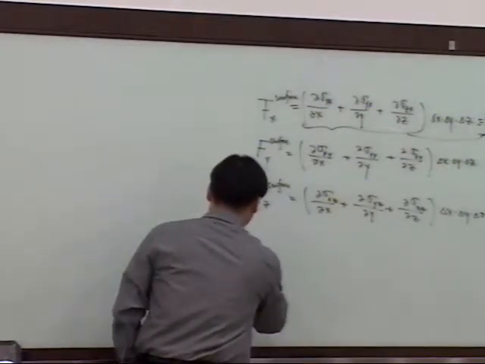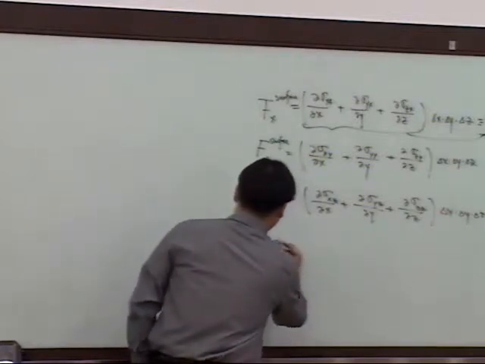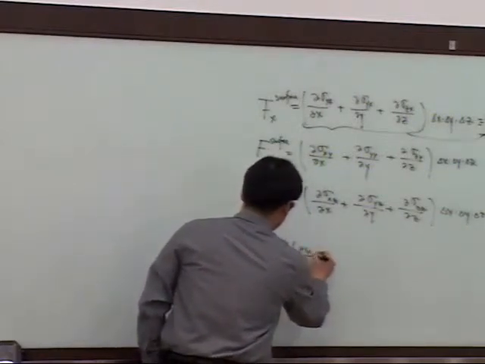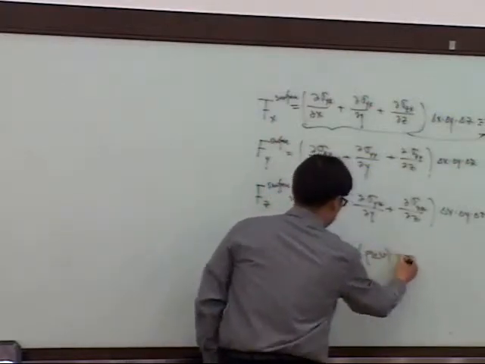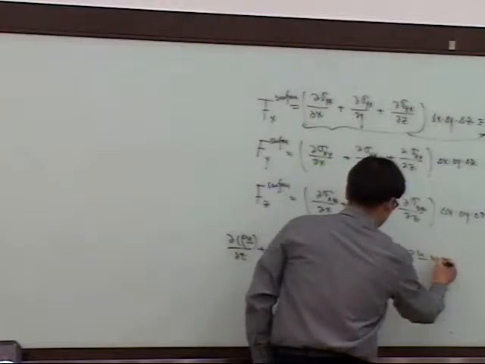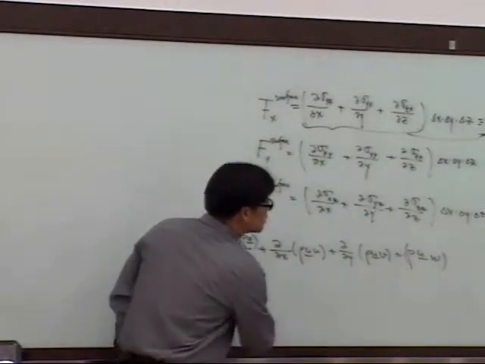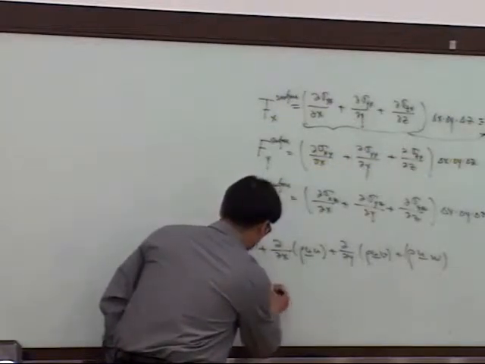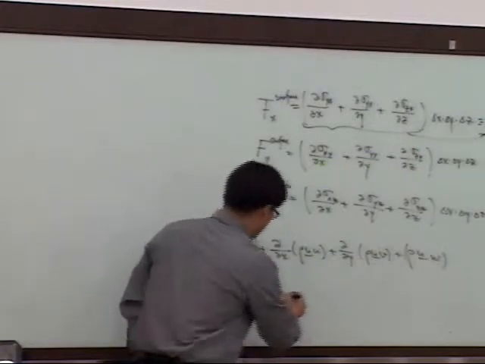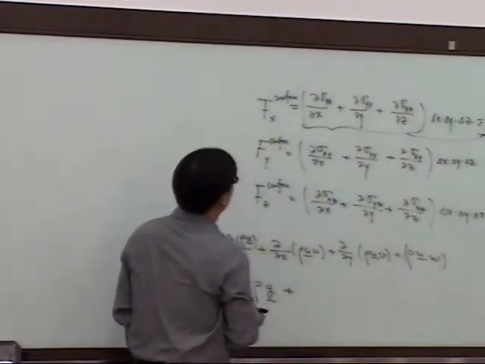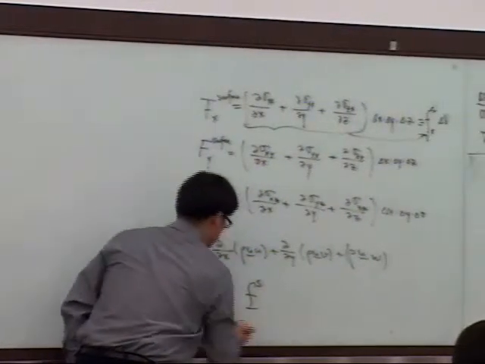So what I end up with is rho uv plus rho uw, right, is equal to rho g, and then I have f surface.